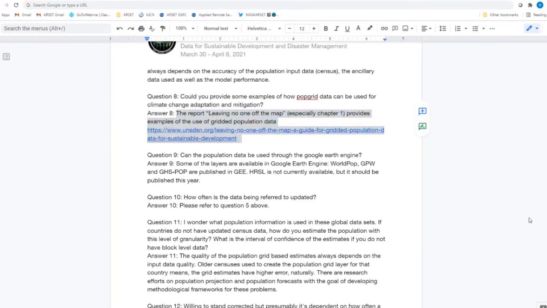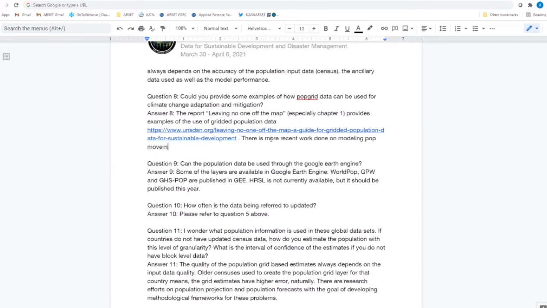In addition to the report, which gives you a lot of good uses of the population data, there's more recent work done on modeling population movement in 2030 and 2050 based on drivers due to climate change. This is released in a report called the Groundswell Report, and I can add a link in before we release the document.